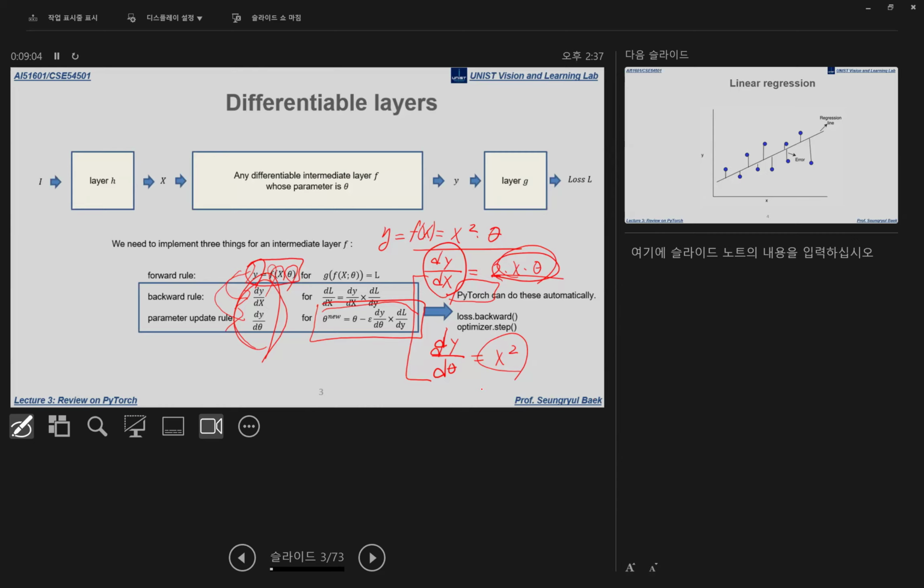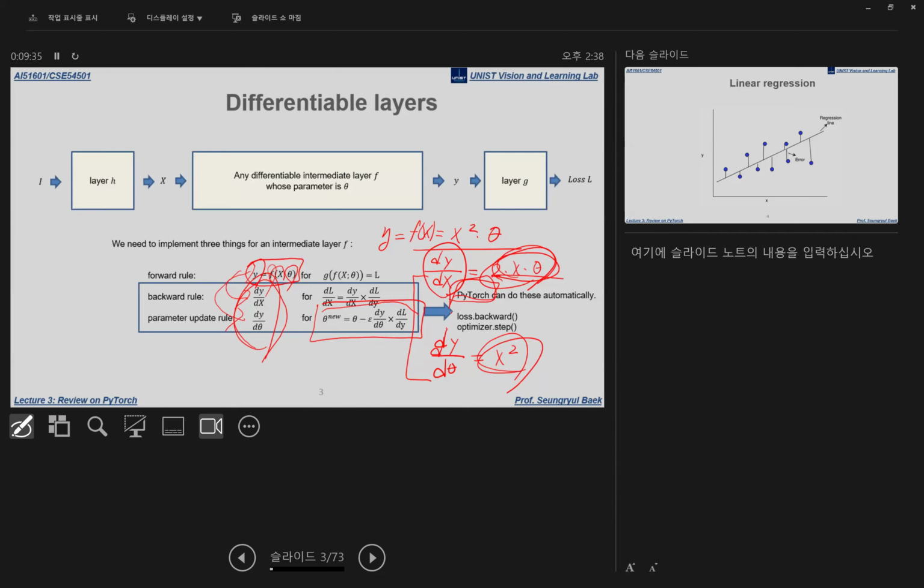Anyway, in the computer, we can approximate the gradient value without calculating this type of closed form formula for the gradient. We humans have to calculate this, but the computer does not have to. It can iteratively approximate the gradient value, and PyTorch already embeds those gradient calculation modules.